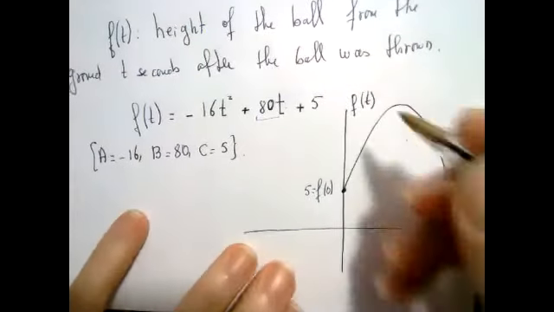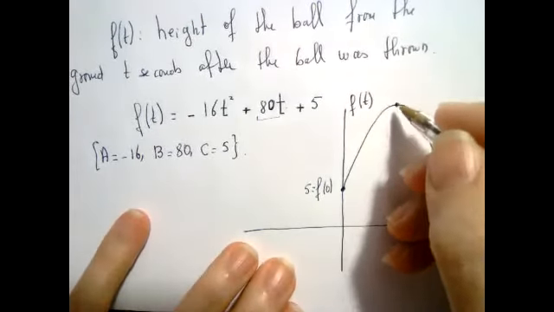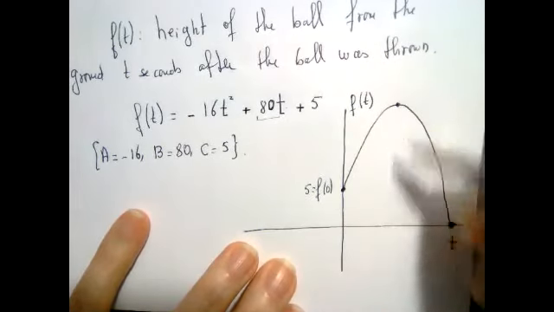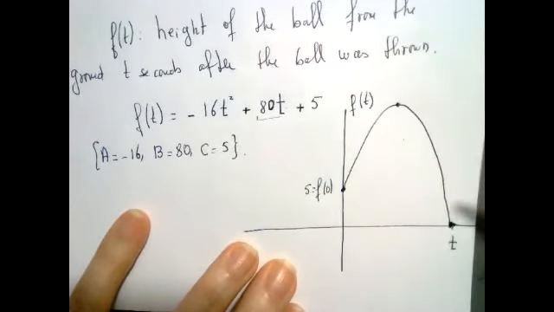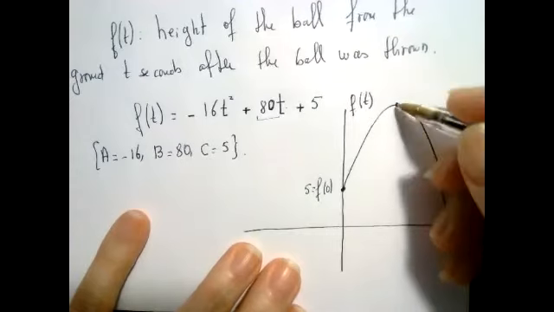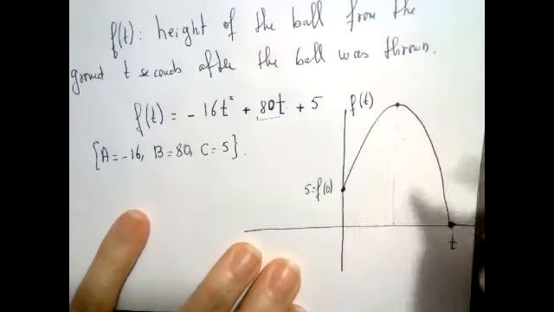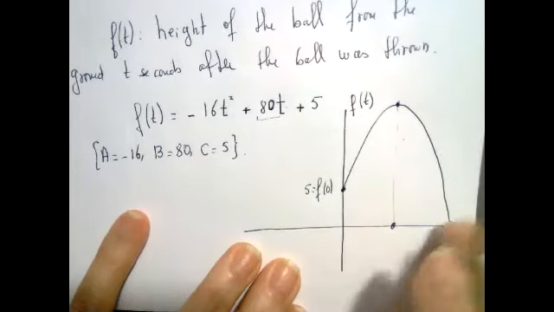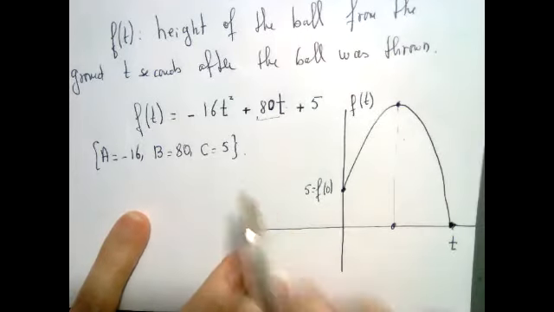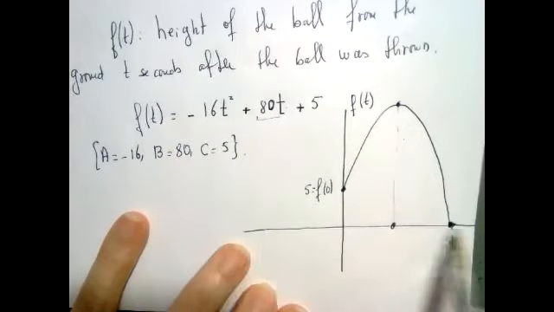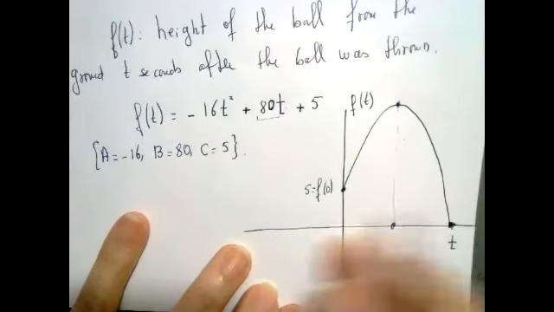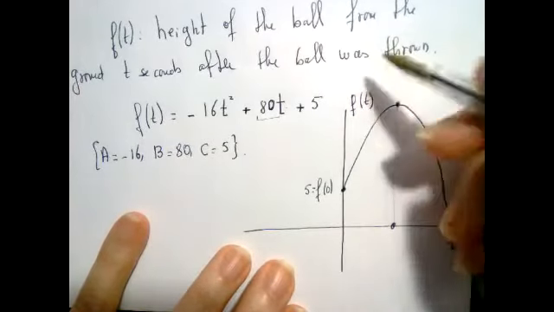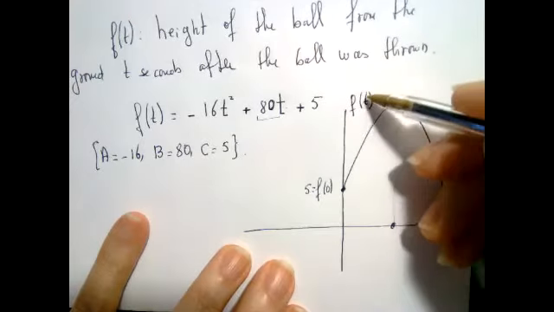Okay, and the question is when it reached its maximum height and what is the maximum height. So basically, we want when, the time, because here the input is the time. So what's on the horizontal axis is time, and on the vertical axis is the height.